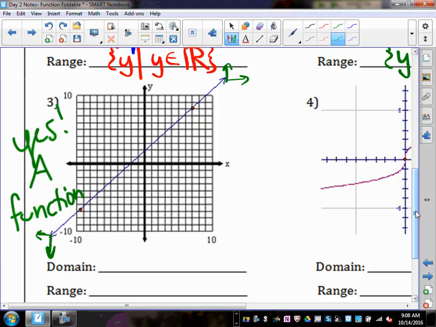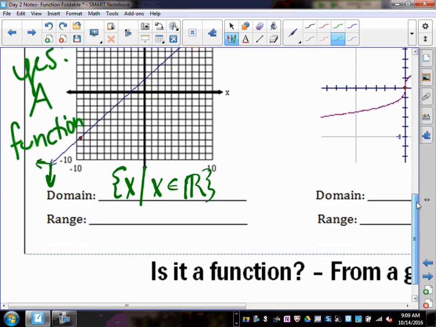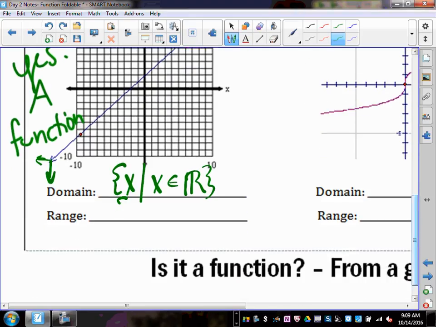Okay, so our notation for our domain, we should have had x such that x belongs to the real number system, all real numbers. And for our y's, from the bottom to the top, all real numbers as well for my range. It continues forever to the left, forever to the right, forever down, forever up. All real numbers for both.